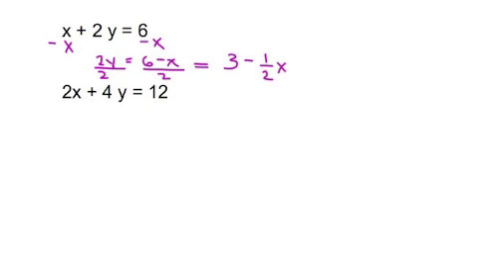Let me take the second equation and do the same thing. I'm going to subtract 2x from both sides. I get 4y is equal to 12 minus 2x. I'm going to divide both sides by 4.